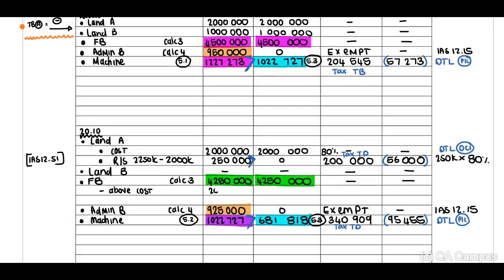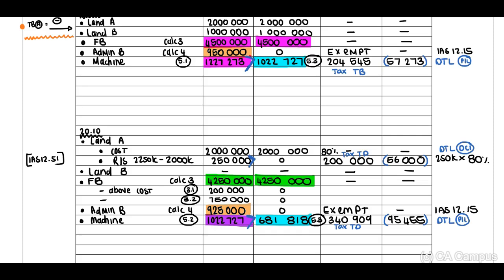So this is 200,000, calculation 3.1. And then the 750,000, calculation 3.2. But what happens with this in terms of our tax base? This is an accounting entry, therefore this will not have an effect on our tax base.